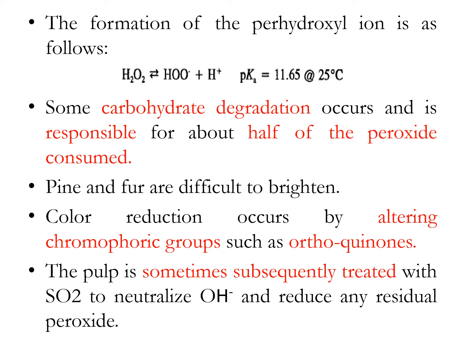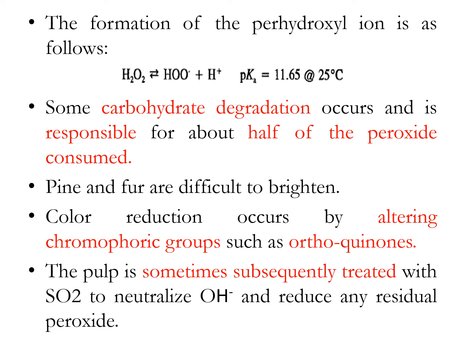Now in mechanical pulping, as we have already learned, the lignin is not removed, rather it is altered by chemical reaction. Now this altering of the chromophoric group, such as orthoquinones, takes place with the reaction of the peroxide.